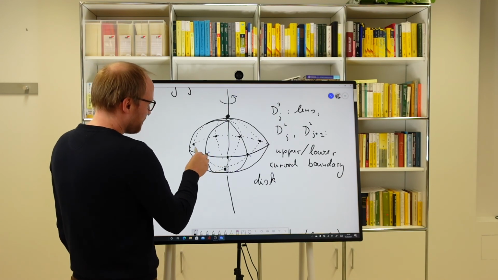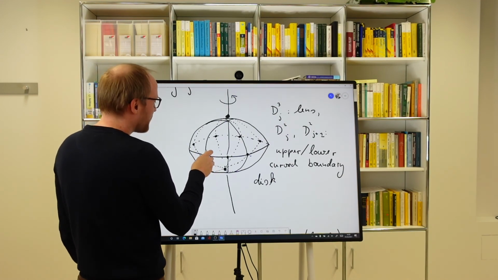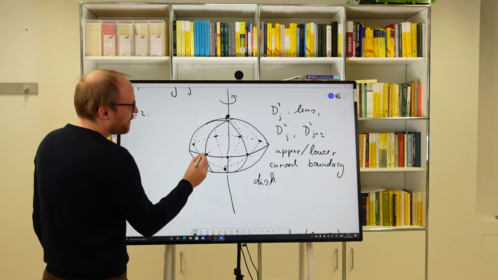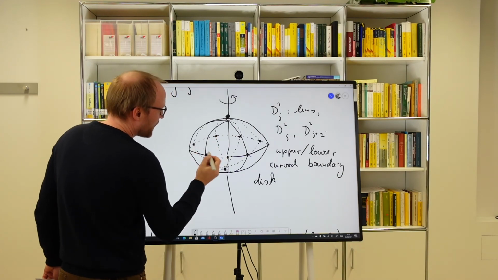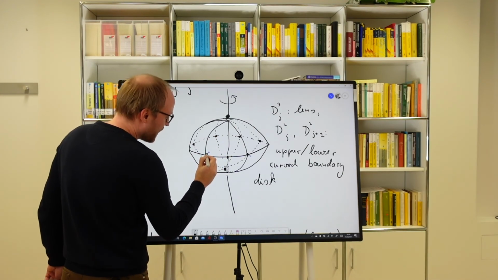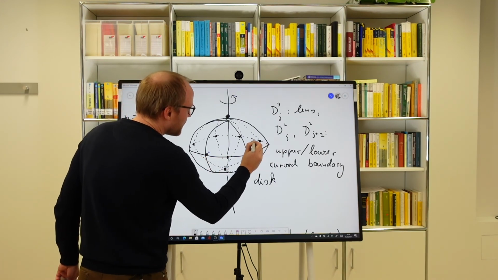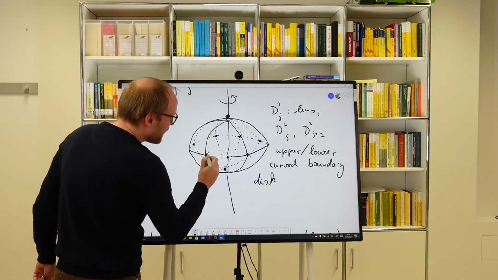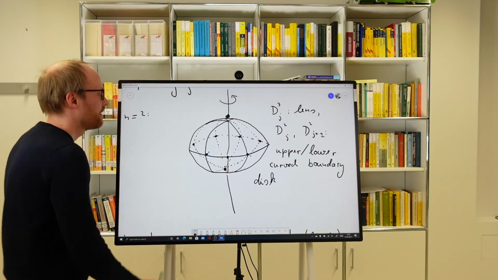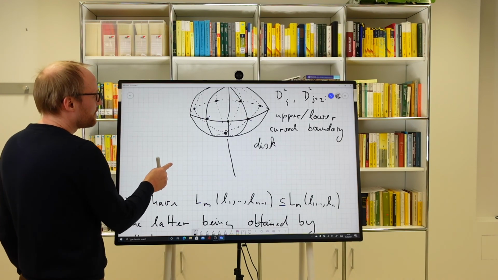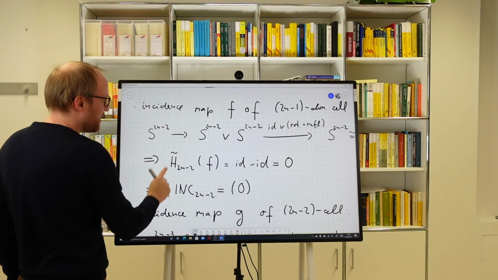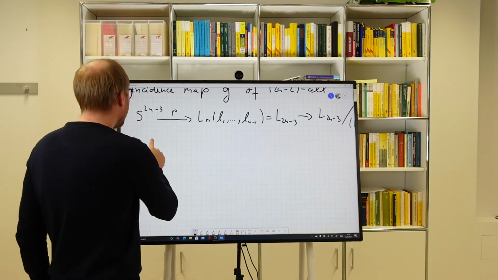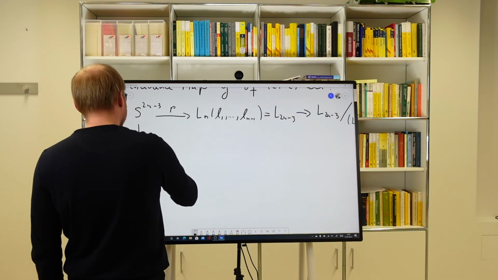Okay, so in this picture, the incidence map of the smaller dimensional sphere is the one where I walk along this equator. But in the quotient space, the new smaller dimensional cell is just one section of this equator. So if I walk around this equator, I walk m times through this cell here, and therefore my map down here factorizes through a one-point union of m different 2n minus 3-dimensional spheres.